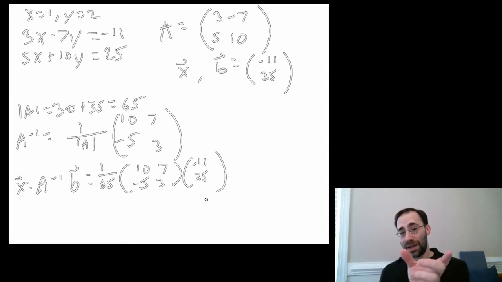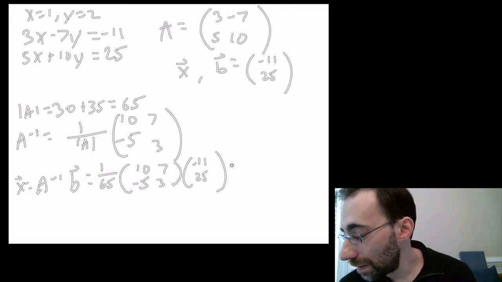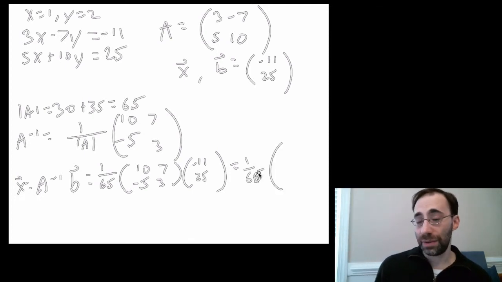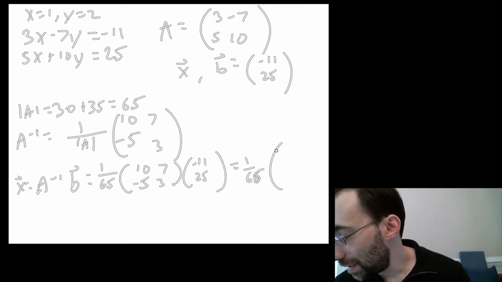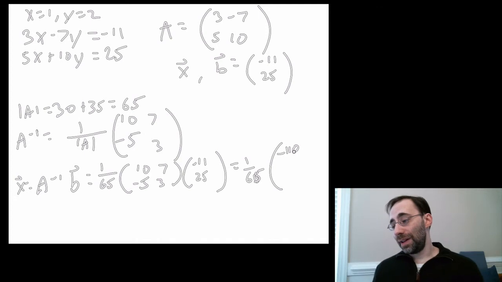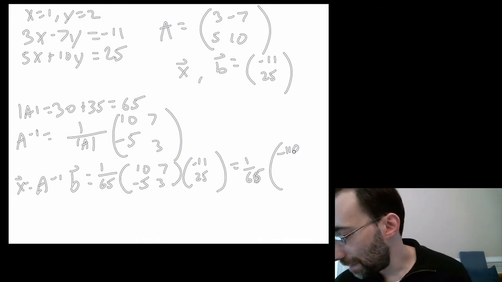So 10 and 7, dotted with negative 11 and 25, is going to equal negative 110. I'll just write it out because, hey, that's a big number. Negative 110 plus 7 times 25, that's 175.